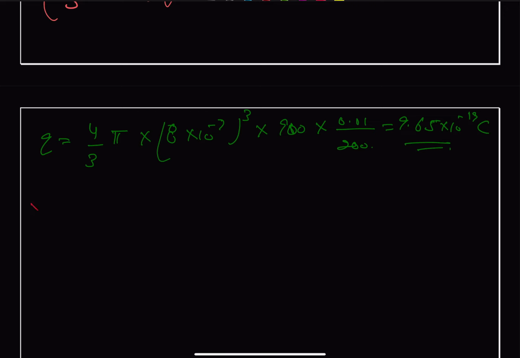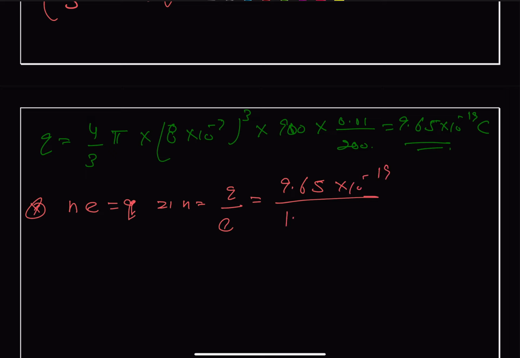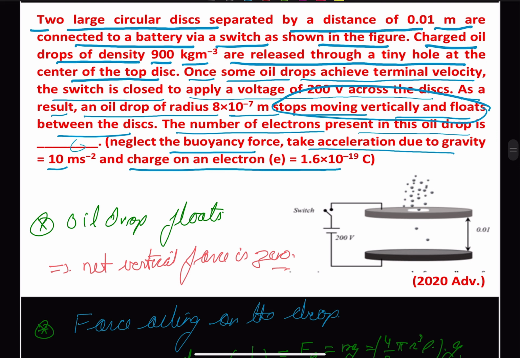Now it is quite easy. We know that N multiplied by the quantization of charge, N into e, is equal to total charge Q, or we can say N is equal to Q upon e, which comes as 9.65 into 10 to the power minus 19 divided by 1.6 into 10 to the power minus 19. Here 19 and 19 cancel out, and this comes approximately equal to 6. So 6 is our number of electrons.